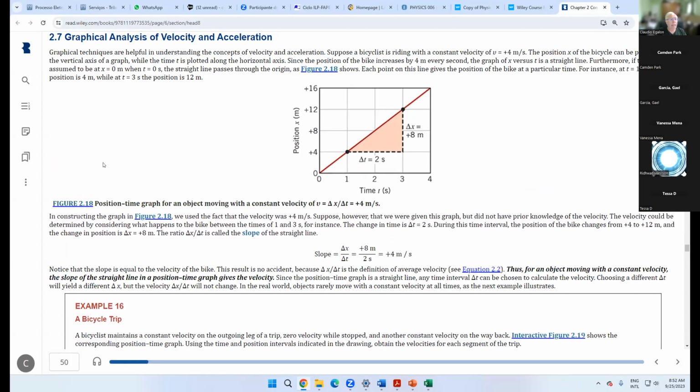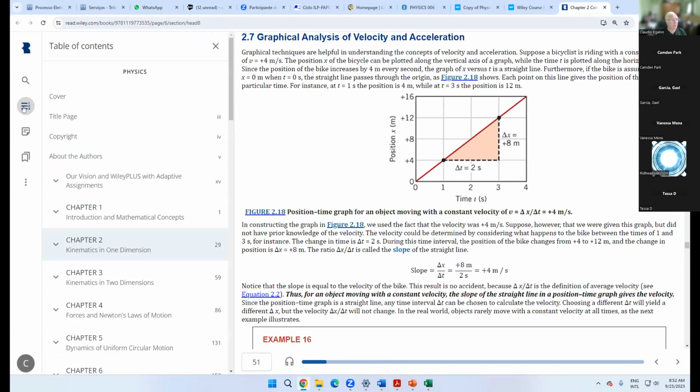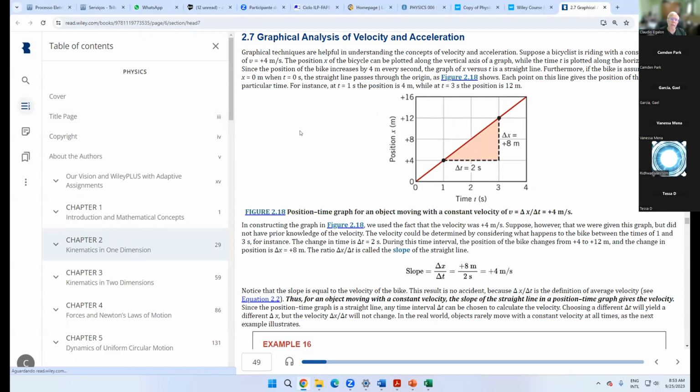Okay, and how is this book organized? This book is organized in a way that very few books are organized. Most books, like I said, start with one-dimensional motion, and because we're dealing with one-dimensional motion, there's no need for vectors. Then when we get to two-dimensional motion, we introduce the concept of vectors.